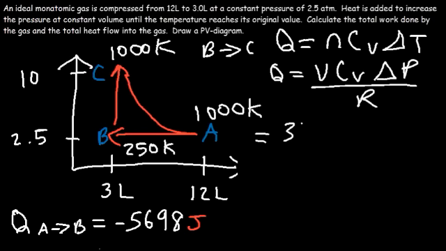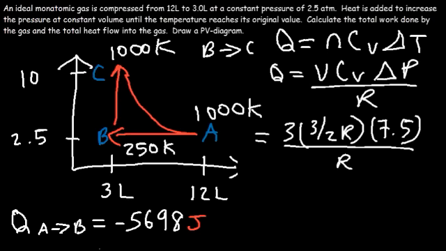And Cv is 3 over 2 times R. And delta P, the change in pressure, final minus the initial value, 10 minus 2.5, is a change of 7.5, divided by R. And then multiplied by 101.3 to convert it back to joules.